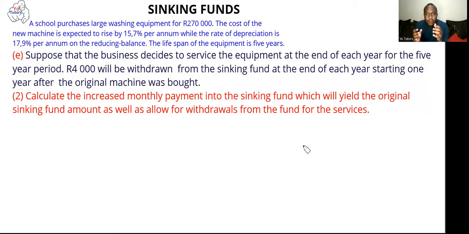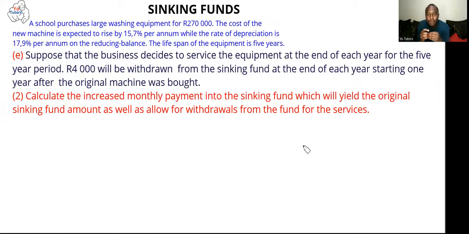Now, what happens is that we calculate the sinking fund, and we see that we are withdrawing 4,000 every year. Now, when we withdraw 4,000 every year, what are we taking out? We are reducing the sinking fund that we are planning to use to buy the new machine. We are taking out 25,000 from that.